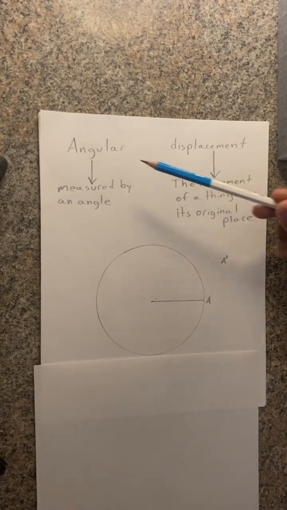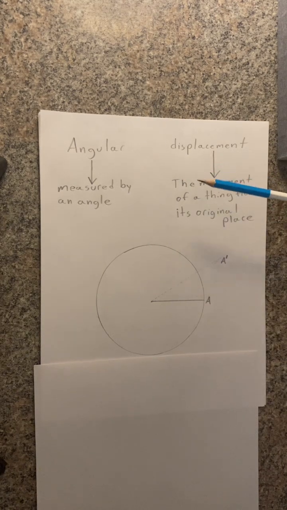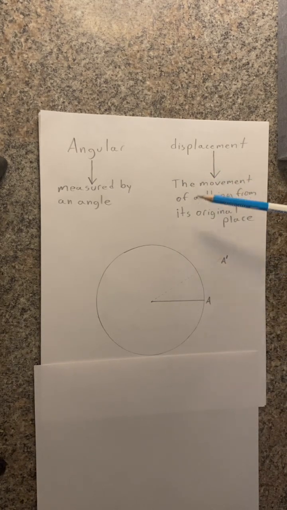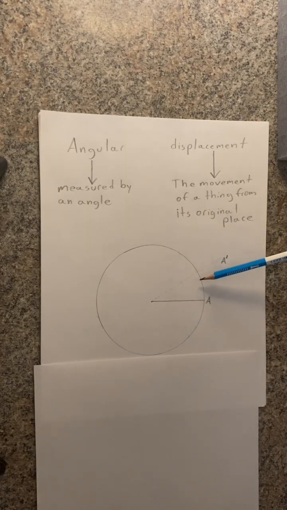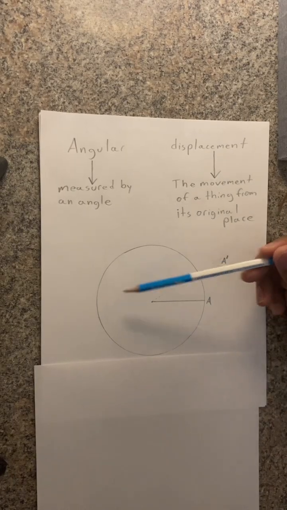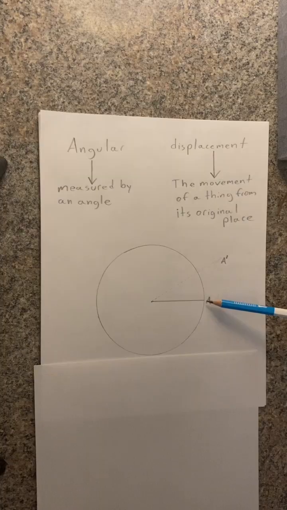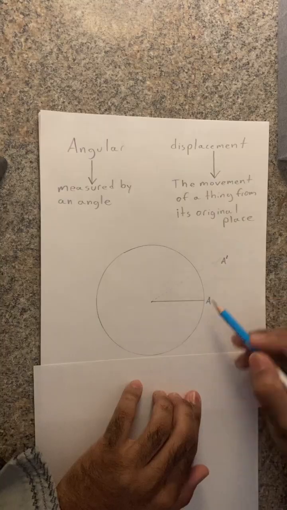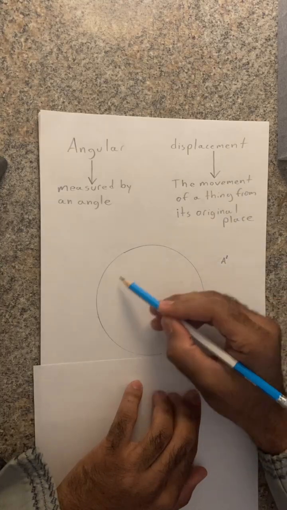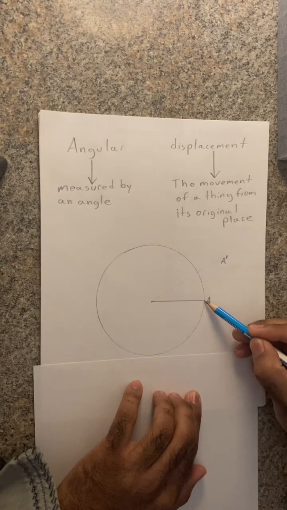to illustrate literally what angular displacement means, we have a circle. We know that a circle has 360 degrees. It contains 360 degrees. That is a full rotation.